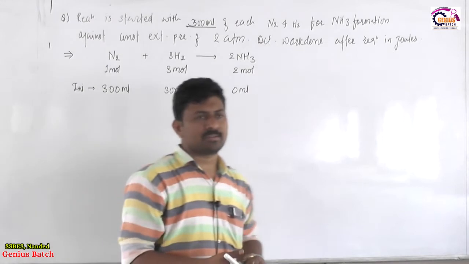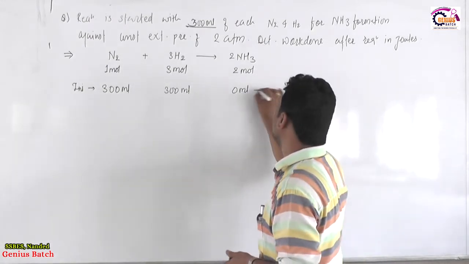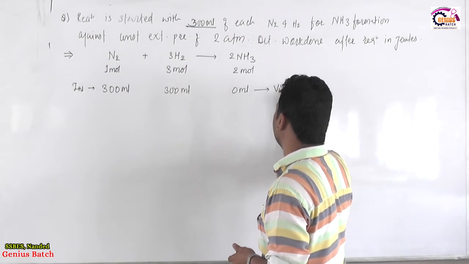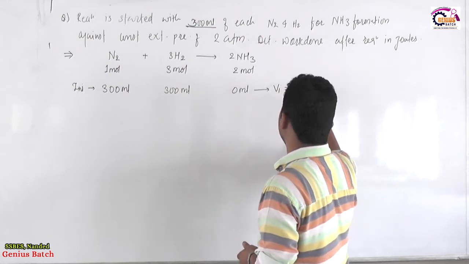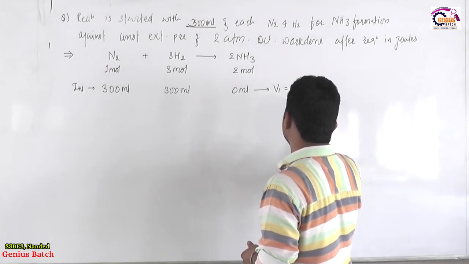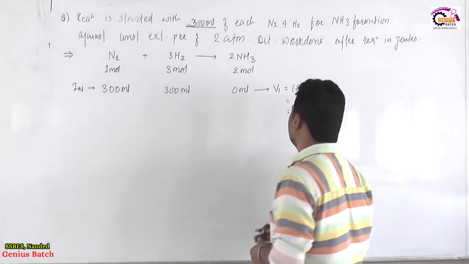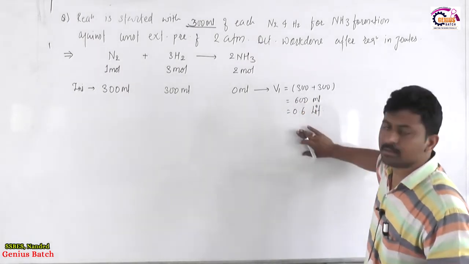When the reaction has not started, the amount of product will be 0. So this provides us the V1 value, which is 300 plus 300, which implies 600 ml, so 0.6 liter. This is V1.